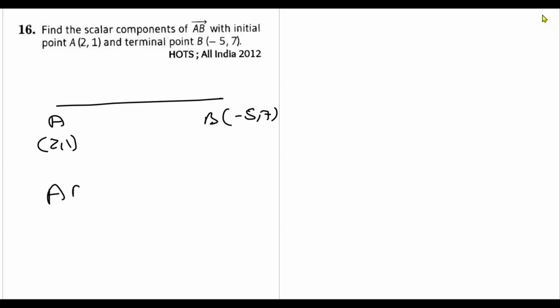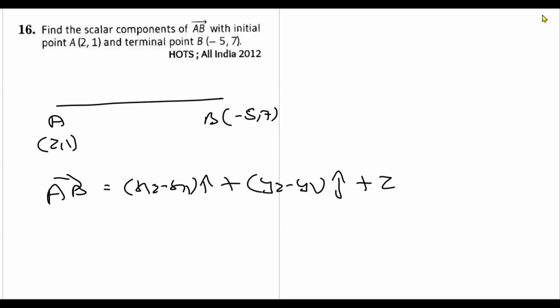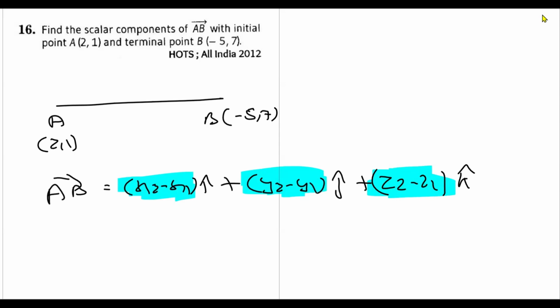The AB vector is represented as x2 minus x1 i, plus y2 minus y1 j, plus z2 minus z1 k component. These are the scalar components. Since we have to find the scalar components, we'll be finding x2 minus x1 and the others. These three are called the scalar components.